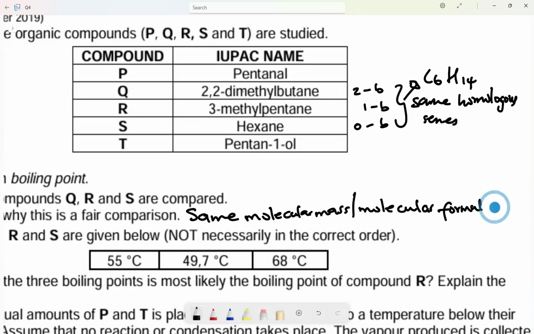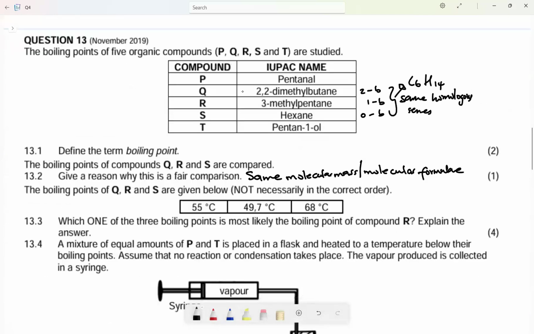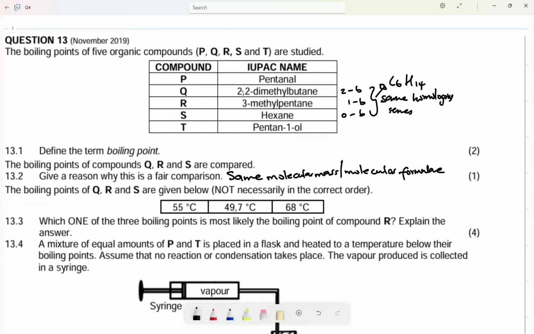Now we move on to the next question. The boiling points of Q, R, and S are given below, not necessarily in correct order. Which one of the following 3 boiling points is most likely to become the boiling point of R? Explain the answer.